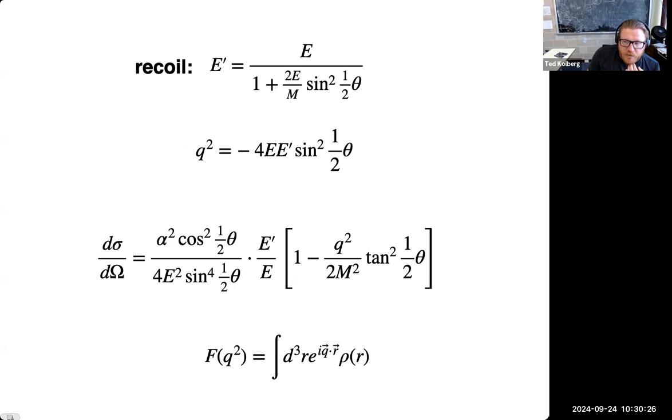And we can actually write down the full expression for the elastic scatter of an electron from a point-like Dirac particle, and that's this equation down here. So the first part remains the same as we had on the previous slide.